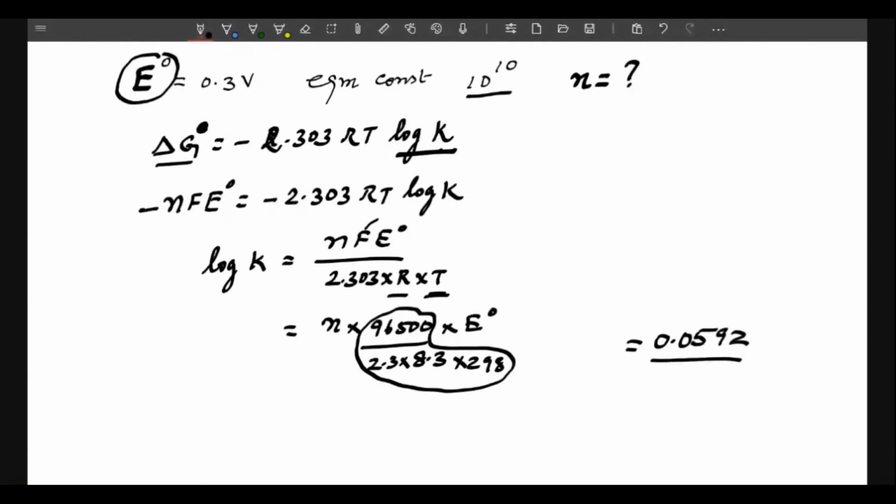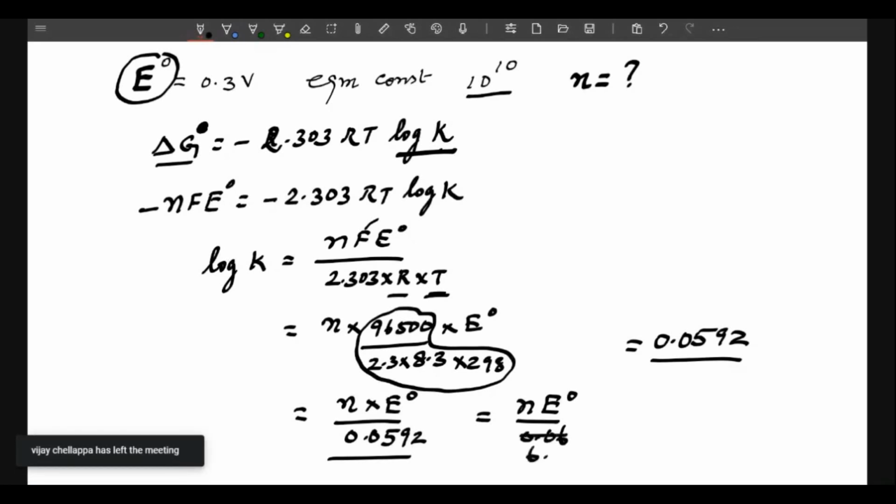This is the actual value. Therefore, we write n E naught divided by 0.0592. For simplicity, we convert it into n E naught by 0.06, or according to our convention 5.9 into 10 power minus 2.